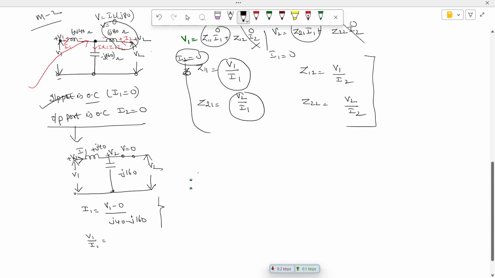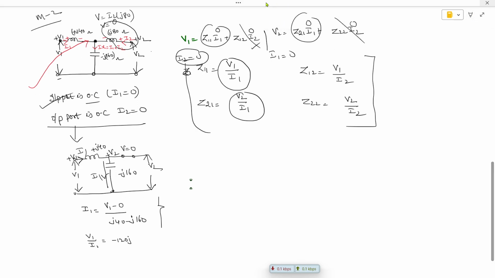V1 by I1, when you solve it, you're going to get 40 minus 160. We can directly do the subtraction because these are in a plus jb rectangular form. This is minus 120j.